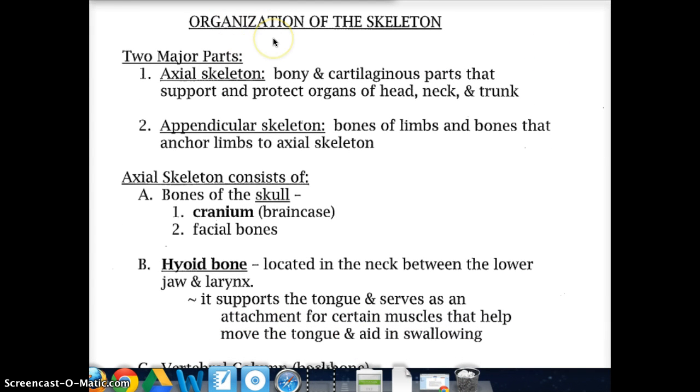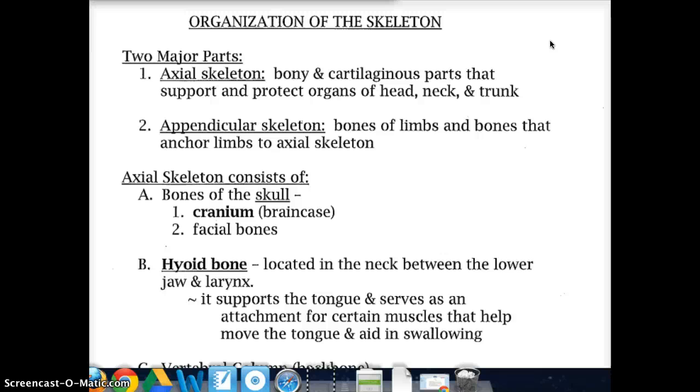Organization of the skeleton. The skeleton is divided into two major parts, the axial and appendicular skeleton. Axial, think of the axis or the main part of the skeleton. It would include the head, neck, and trunk. It's that part of the skeleton that supports and protects your brain, your heart, lungs, but that's the axial skeleton.